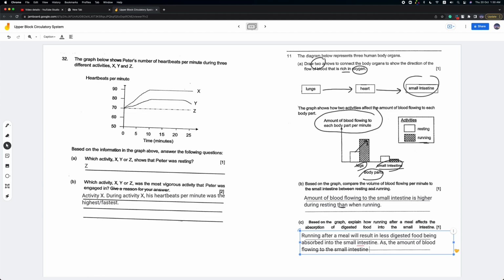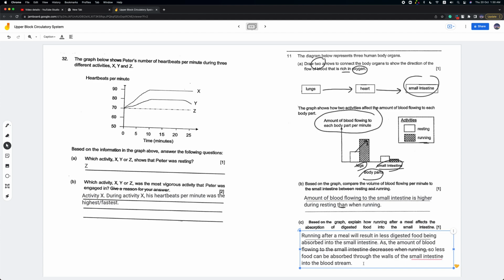So the amount of blood flowing to the small intestine decreases when running, so less food can be absorbed through the walls of the small intestine into the bloodstream.